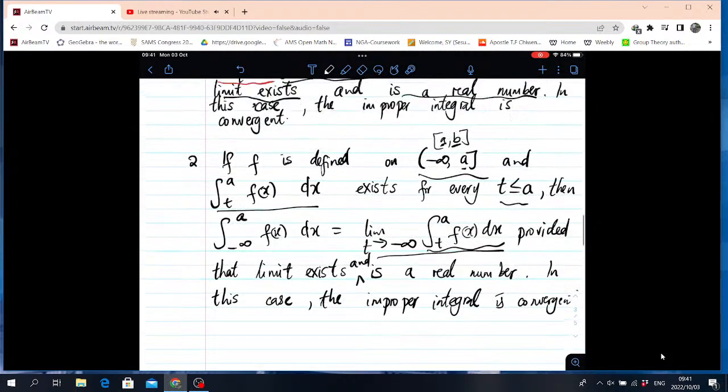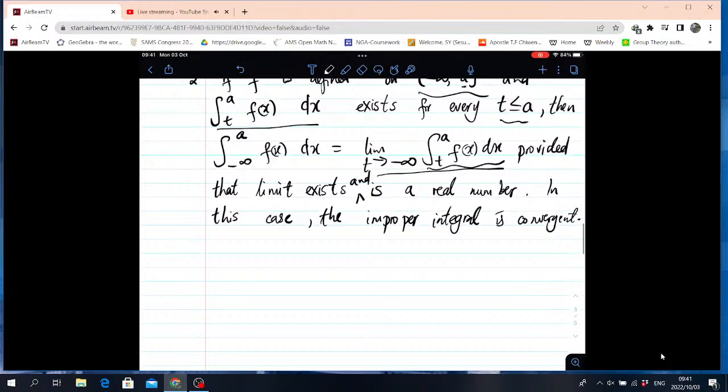So as I mentioned, in both cases we want the limit to exist and the limit to be a real number for us to say that the integral is convergent. So we've got two possibilities of the opposite of this.